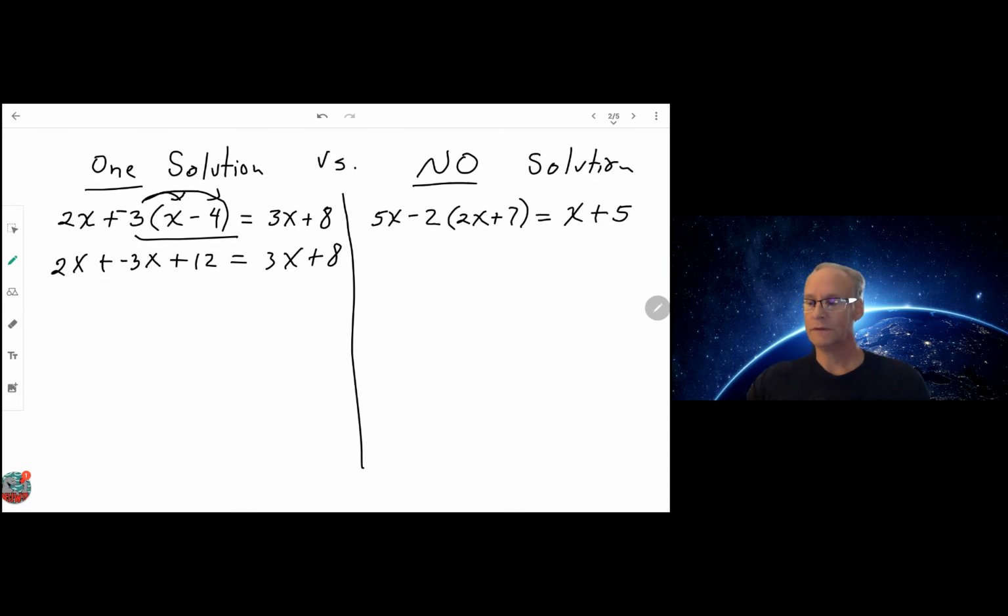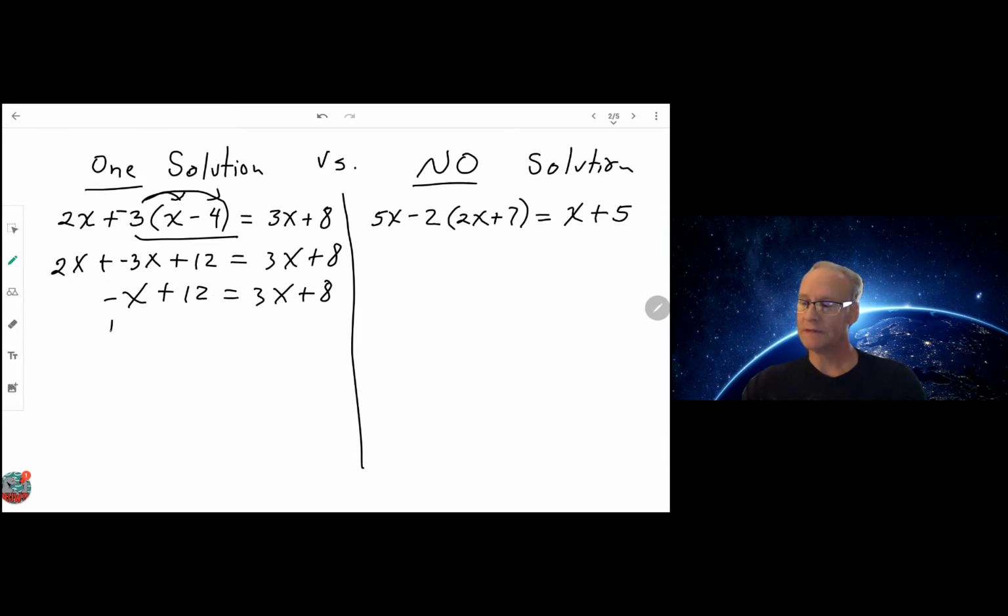Now I'm going to add the 2x plus the -3x, and I'm going to get -1x plus 12 is equal to 3x plus 8. I have lots of options. I can subtract 3x from both sides, but that's going to give me a negative value in front of my x.